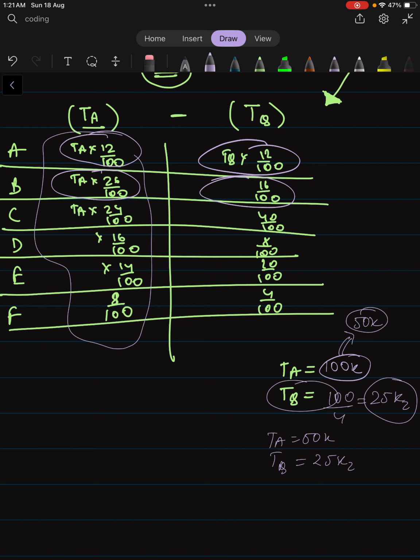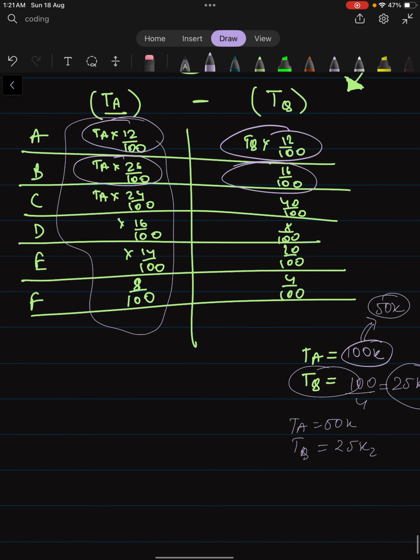Once you reach the conclusion that TA is a 50k kind of number and TQ is a 25k2 type of number, you need to find the boundary condition. The boundary condition will be for the value where TA and TQ are very close by. In this situation TA is multiplied by a smaller number than TQ, so this can be a potential close situation.